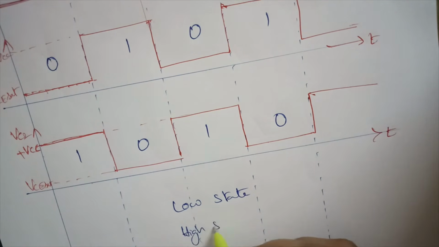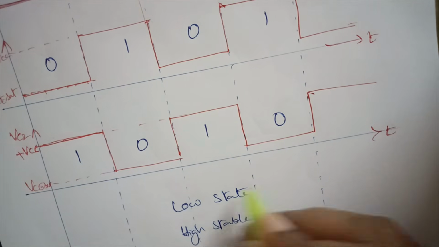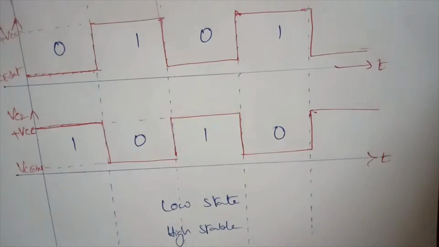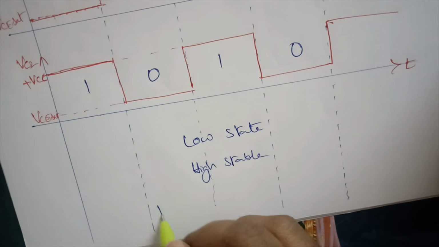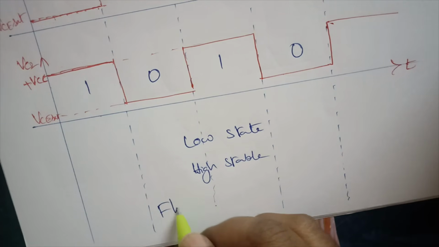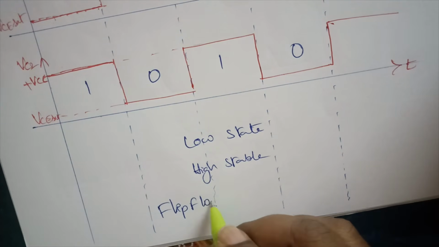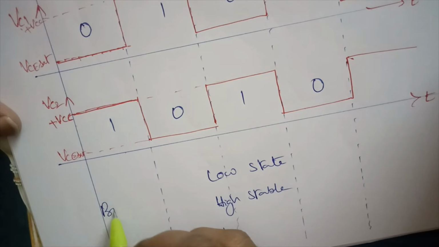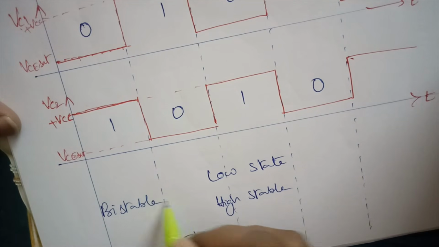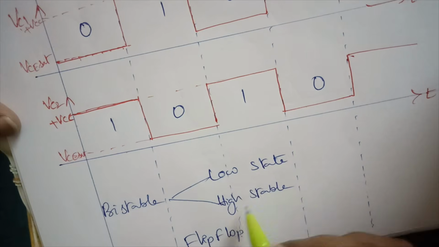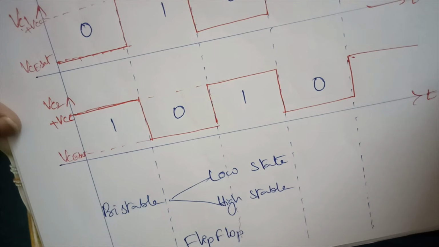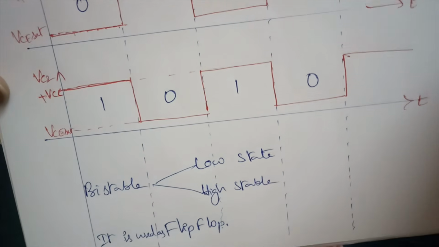It produces two stable states. Therefore it is used as a flip-flop. So the bistable multivibrator has two states, low state and high state, and therefore it is used as a flip-flop. So that's all about the bistable multivibrator.